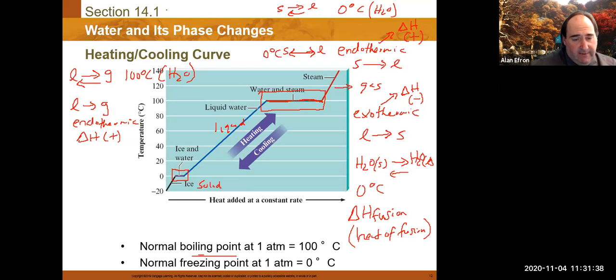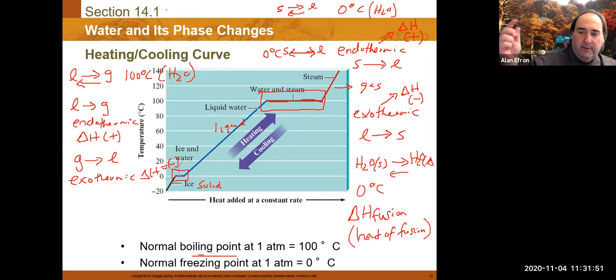And vice versa, if we're going from gas back to liquid, that again is an exothermic process. Delta H would be negative. At that point, when those gas molecules are flying around and they lose energy, they're going to slow down. And as they slow down, they're going to clump together, if you will, and fall into the liquid as they don't have enough energy to pass one another.